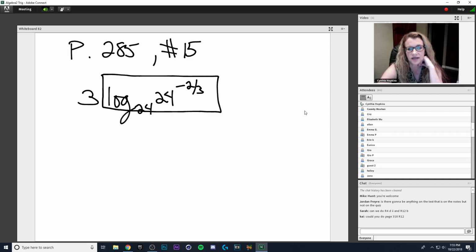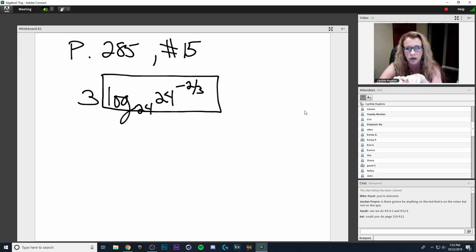I like to emphasize that it's a single log of a product. We also have a log of a quotient, a single log of a quotient, because for both of those the other side of the equation is not a single log. You expand it and you get log of this plus log of that, maybe plus another log. Then the third property is called a log of a power.